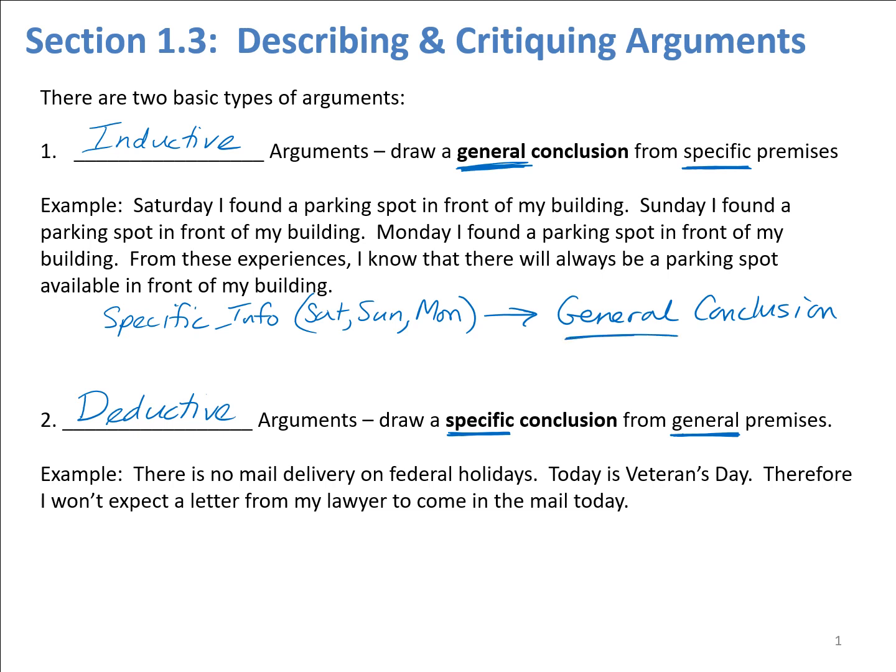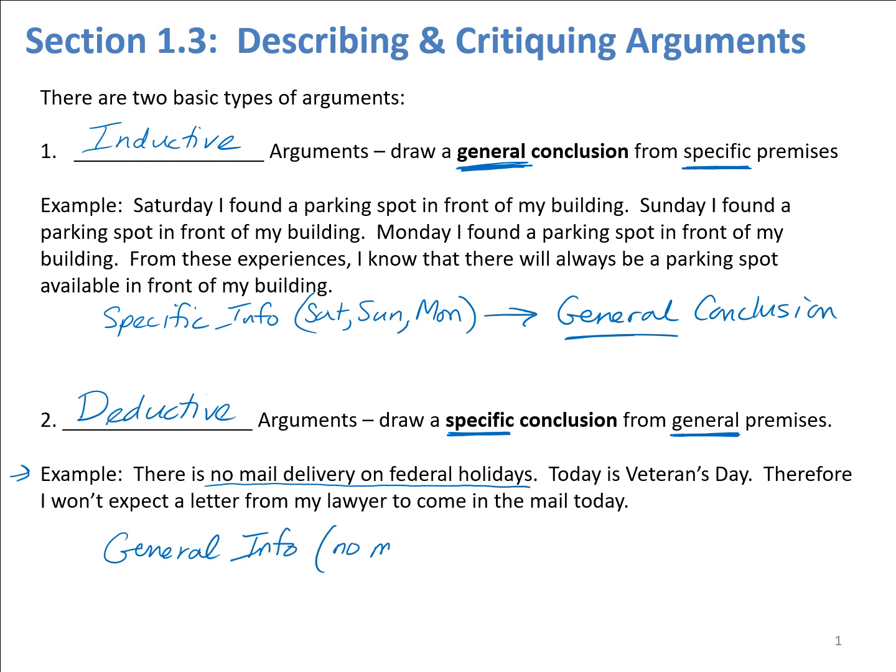An example of a deductive argument: there is no mail delivery on federal holidays. Today is Veterans Day. Therefore, I won't expect a letter from my lawyer to come in the mail today. So here we have a general premise that there is no mail delivery on federal holidays. So we've got general information about mail delivery.